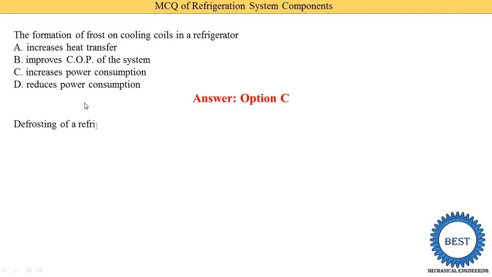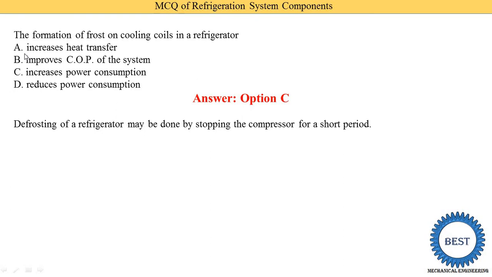Defrosting of refrigerators may be done by stopping the compressor for a short period. Defrosting means, in the earlier case we studied frost, and this frost is removed by a certain process. This process is known as defrosting, means removing the ice from the evaporator coil.